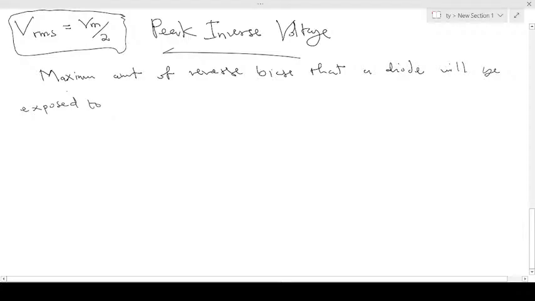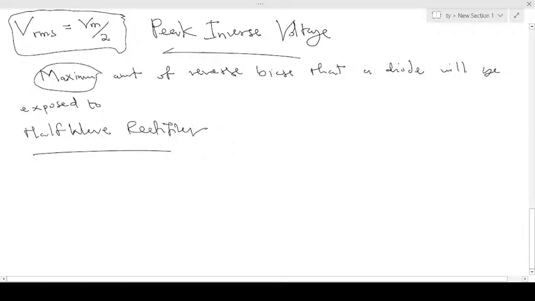For a half-wave rectifier, PIV, or peak inverse voltage, is equal to Vm.